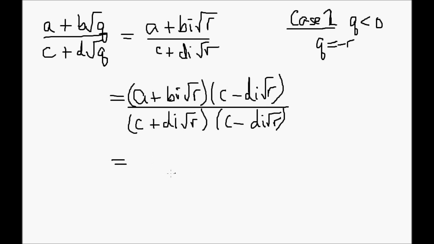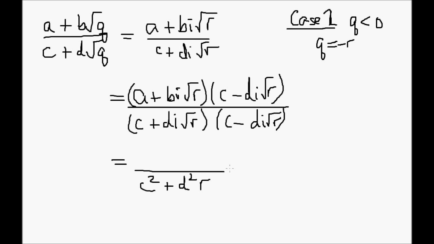Okay, so the denominator is now c squared plus d squared times r when you multiply out. So we get a different looking thing here. And then if r is equal to negative q, then we get the same as before.